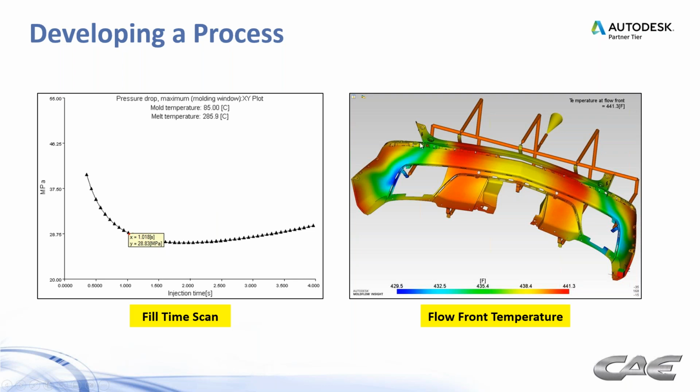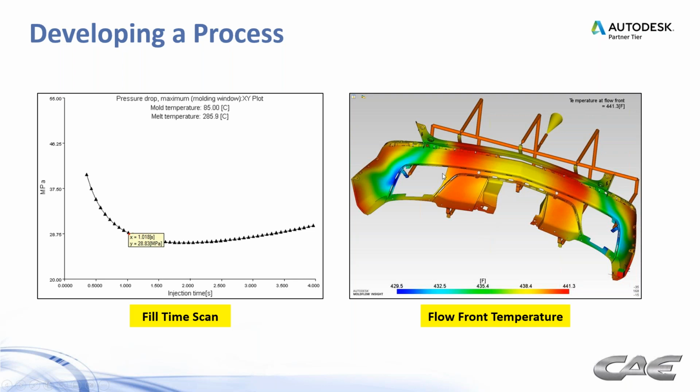But along the way, we have to monitor flow front temperature simultaneously. We're looking for the material not to heat up too much, i.e. shear heating, and we're also trying to maintain a speed that won't allow the material to cool down too much either. If we cool down too much, then you might get a non-fill in some areas, but you also set yourself up for a situation where the part's not going to pack out uniformly.